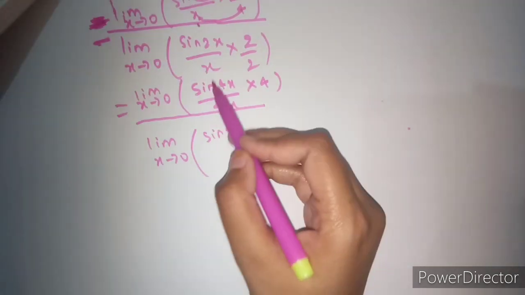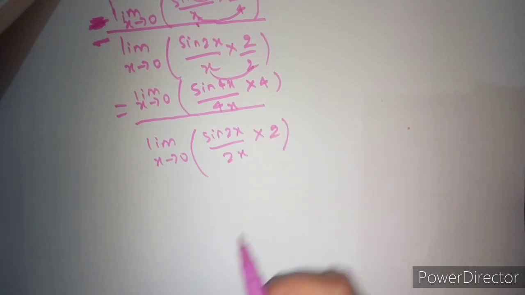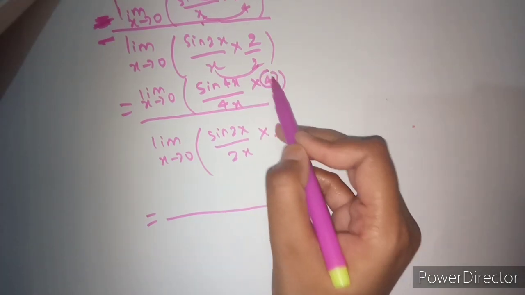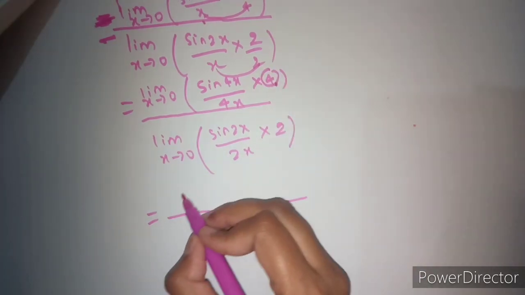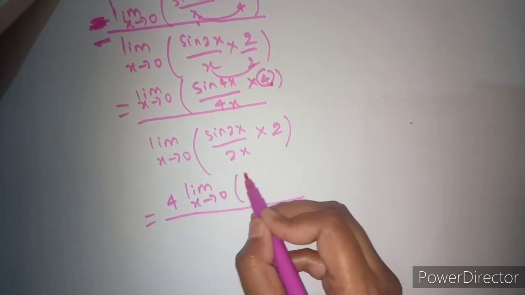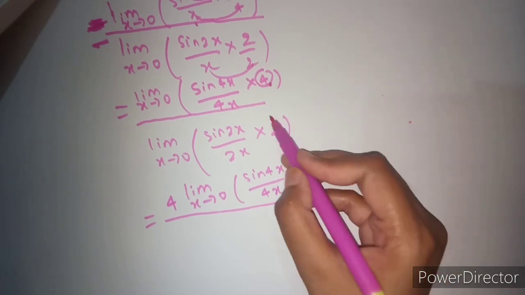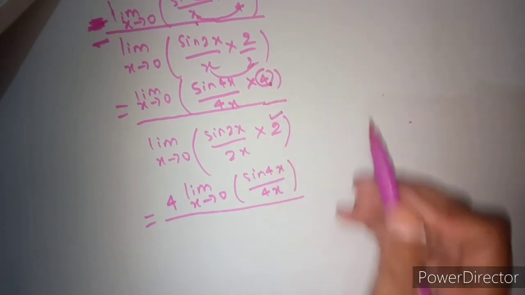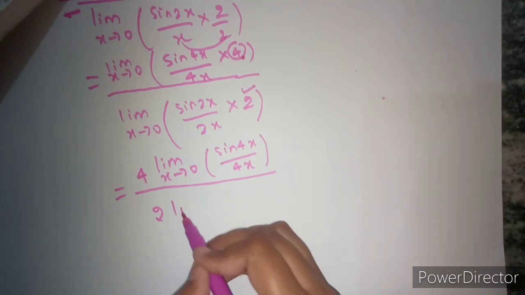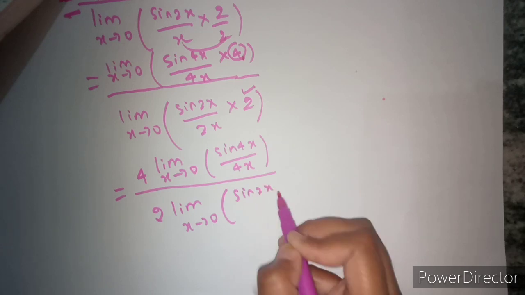Multiply these two, it will become 2x with 2 remaining. Okay, now here 4 is constant, right? So take it outside. 4 limit x tends to 0, sin 4x by 4x, right? Again 2 here is constant, so take it outside. 2 limit x tends to 0, sin 2x by 2x, right?